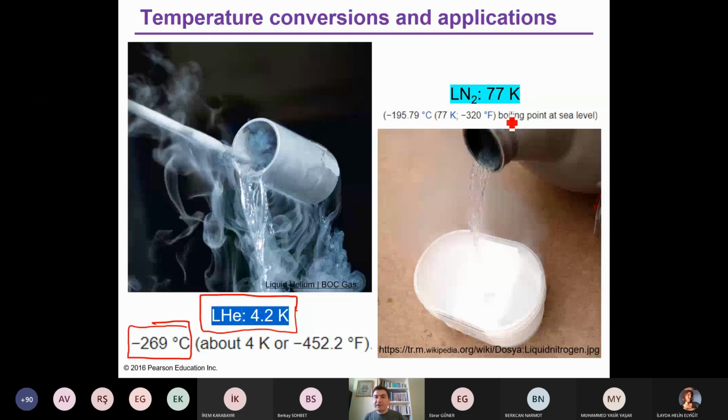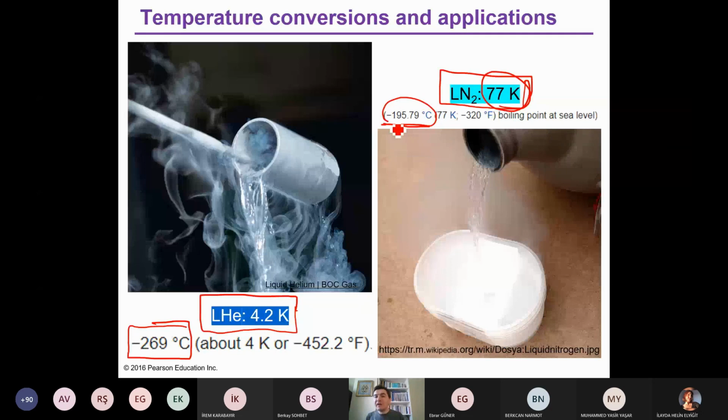And there is liquid nitrogen here. It has a boiling point of 77 Kelvin. Above this temperature, nitrogen is present in the air, and this nitrogen liquefies below this temperature, 77 Kelvin. It is also a very cold liquid, and in Celsius, it has a temperature of minus 195 degrees Celsius, very low temperature.